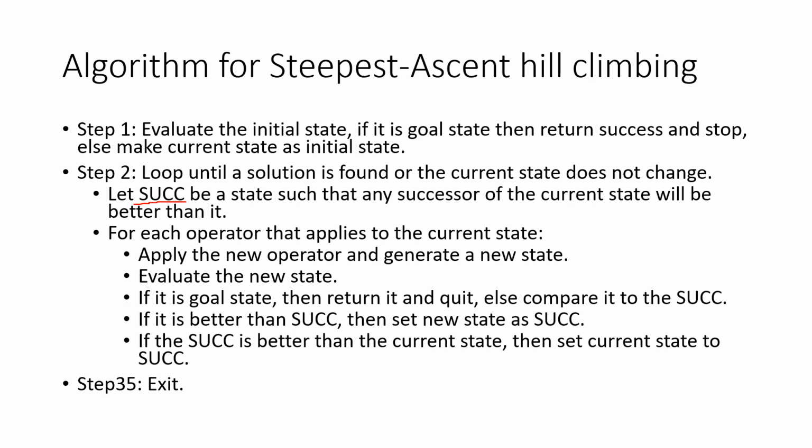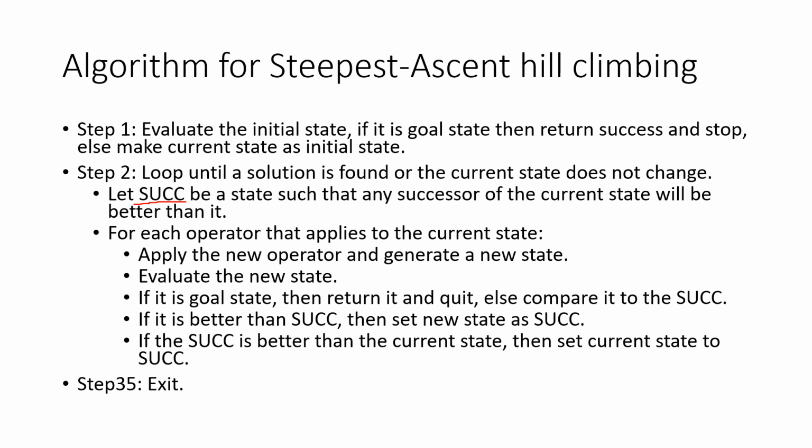Next, examine each neighbor, that is, each operator that applies to the current state, and generate a new neighbor and evaluate it. That means we are applying an operator, generating a new state and evaluating the new state, and we will compute the heuristic or cost and compare it with the current state, that is success. If it is better, then we will update success.